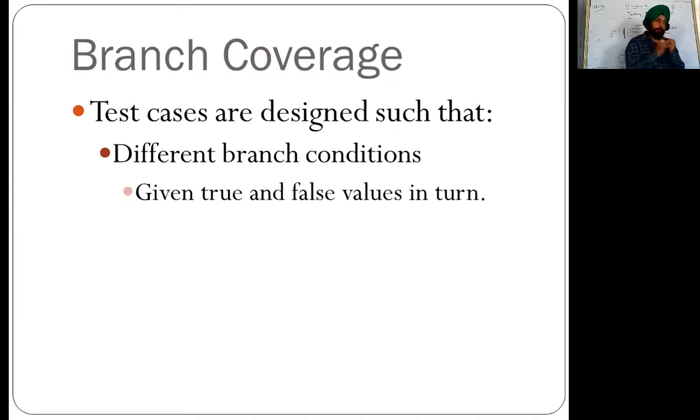While testing, we have to put input in such a manner that this branch gets tested, and in another test case we have to select values so that the other branch also gets tested. In the previous one, we tested all the statements. Here we have to test all the branches. Branching is done only when there is some condition, so we have to put values in a condition so that this branch gets tested and that branch also gets tested.